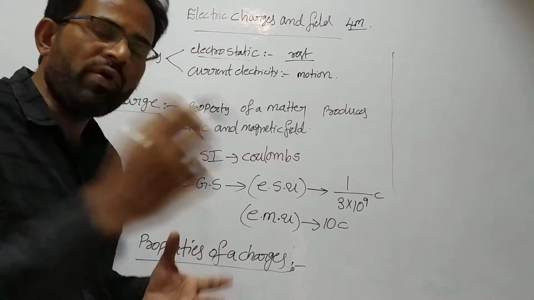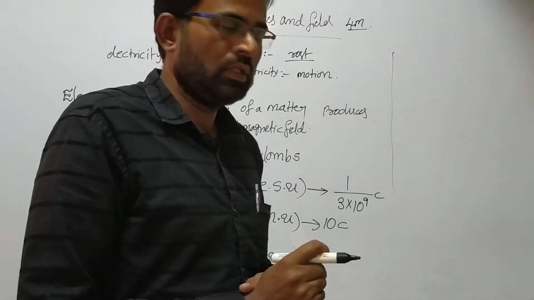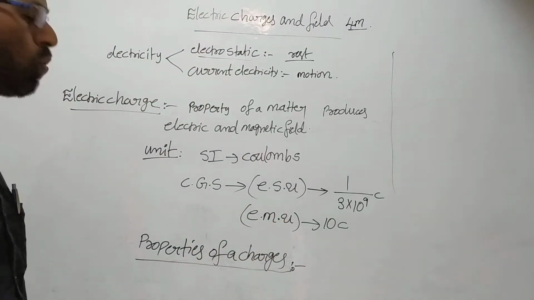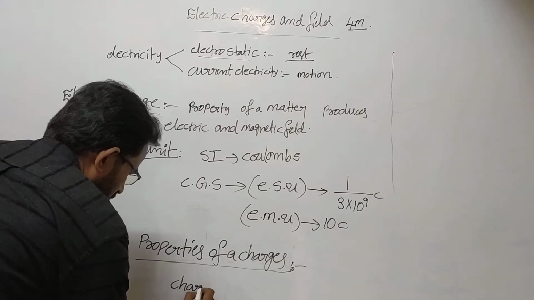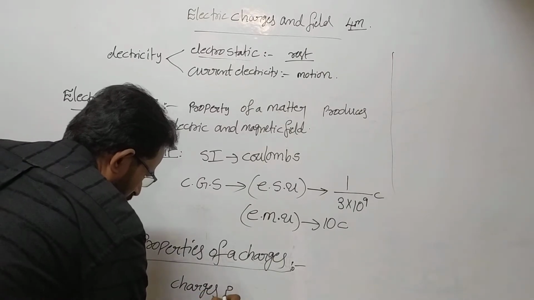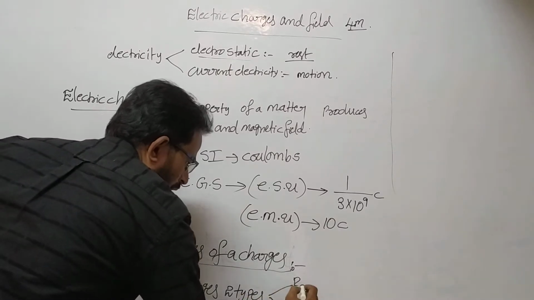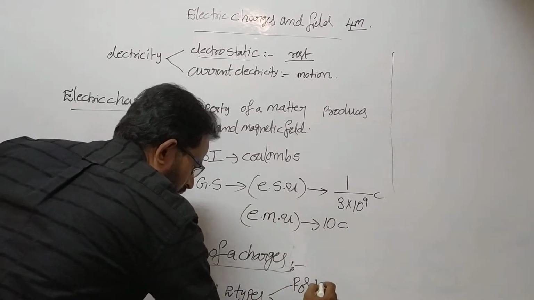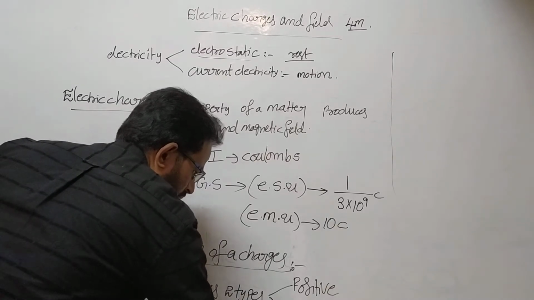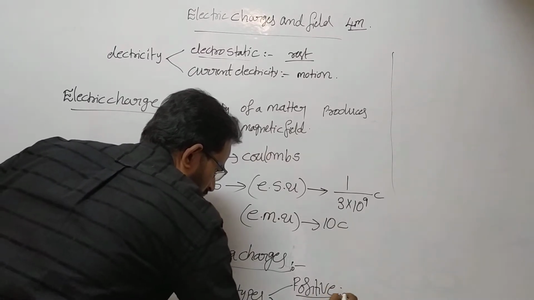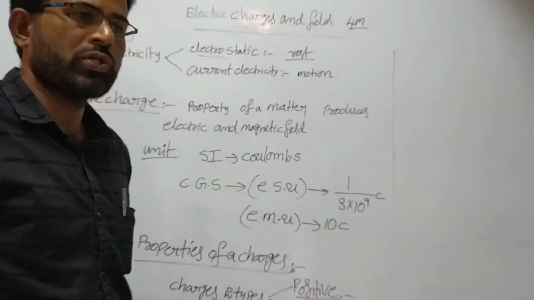When the charge is moving, electric and magnetic fields are produced. Generally, charges are of two types: one is positive charge, another is negative charge.